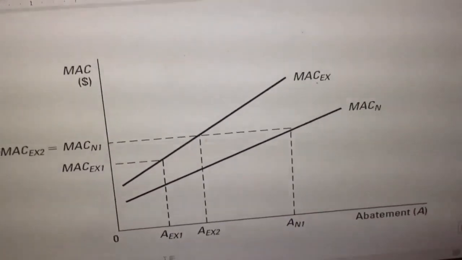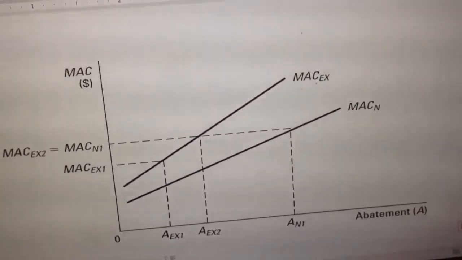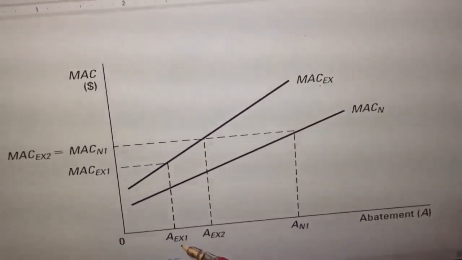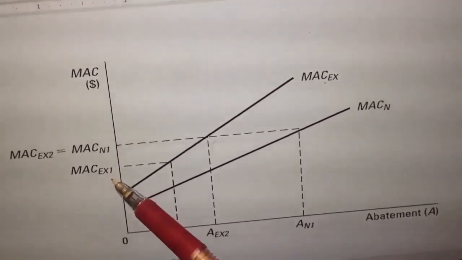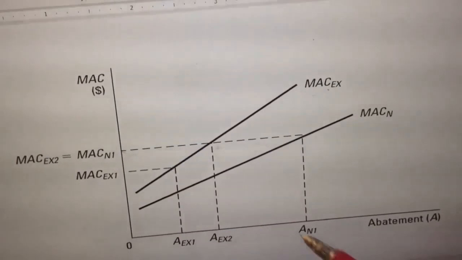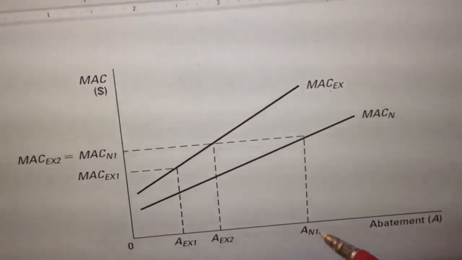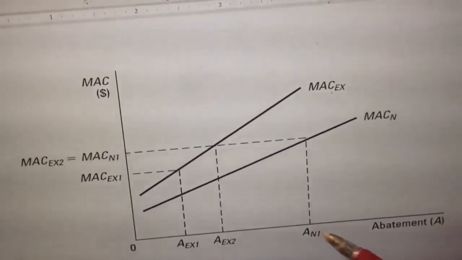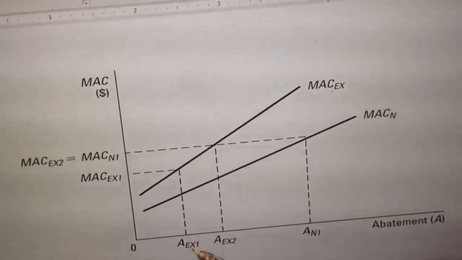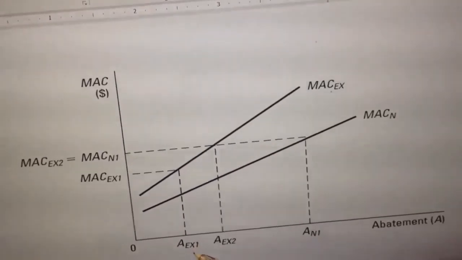But actually the firm has the opportunity to choose the more lenient standard because it's cheaper than the second standard. This standard is costlier, so that's why the firm just goes with the cheaper standard.